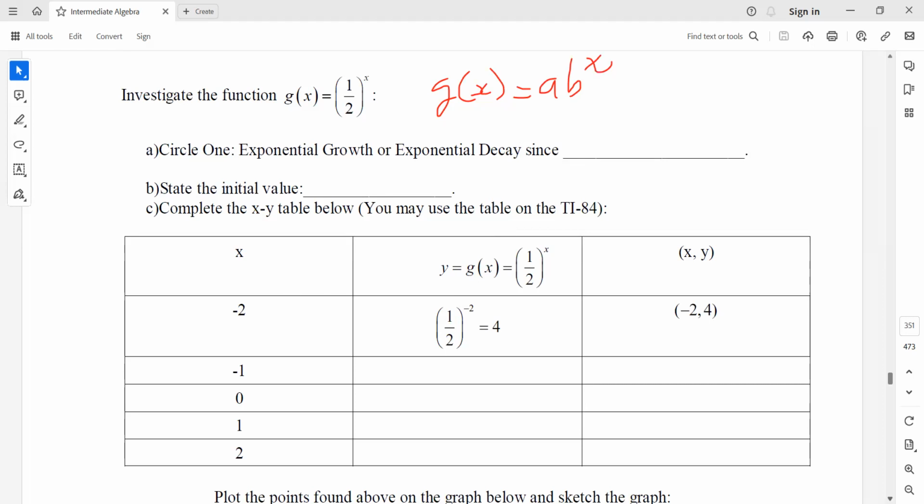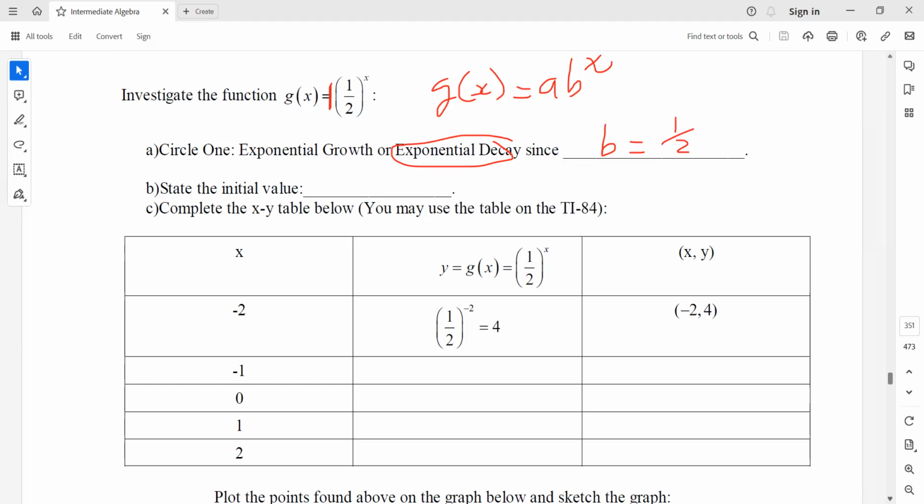So my a again is going to be 1 here, and then my b is 1/2. Now, going back to what we said earlier, if b is less than 1, the function is a decaying function. Since b is less than 1 and greater than 0.